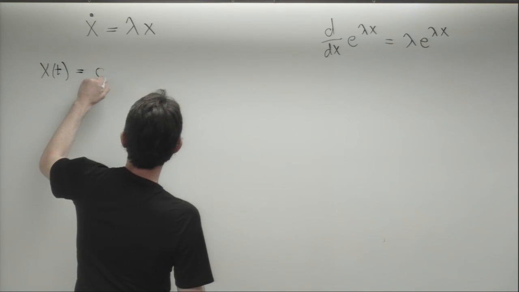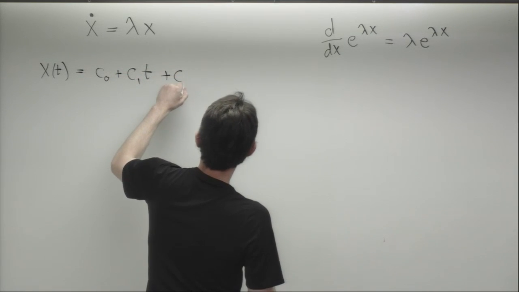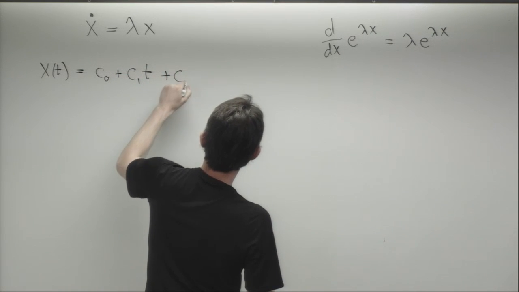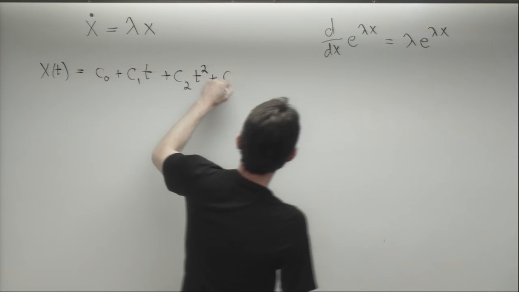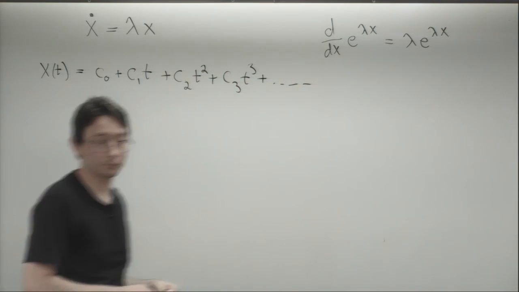So it's going to equal some constant plus another constant times time plus another constant times time squared, time cubed, and so on ad infinitum.